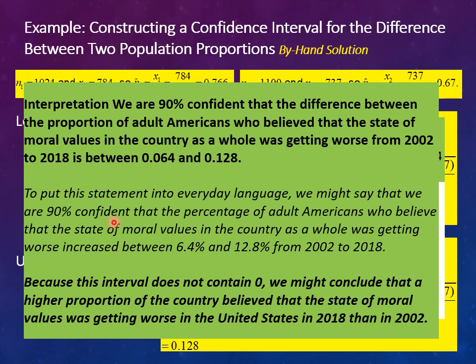The increase between those years was between 6.4% and 12.8%. So that's an important kind of language difference. Because this interval doesn't contain zero, we might conclude that a higher proportion of the country believed that the state of moral values was getting worse in the United States in 2018 than in 2002.